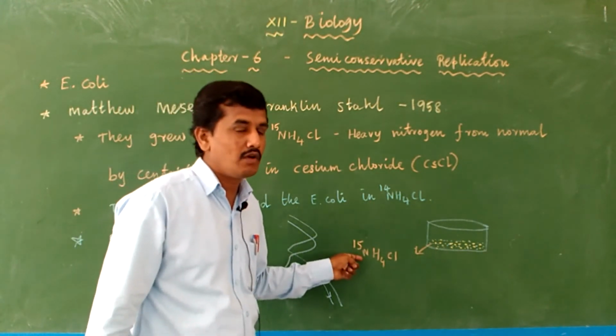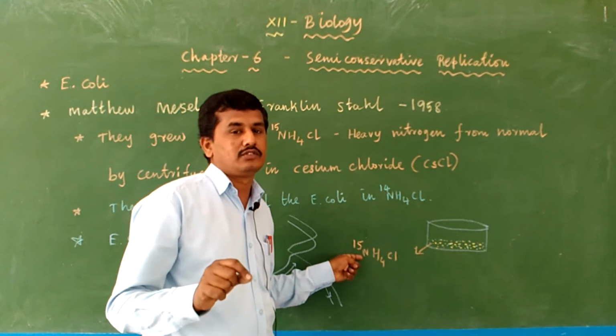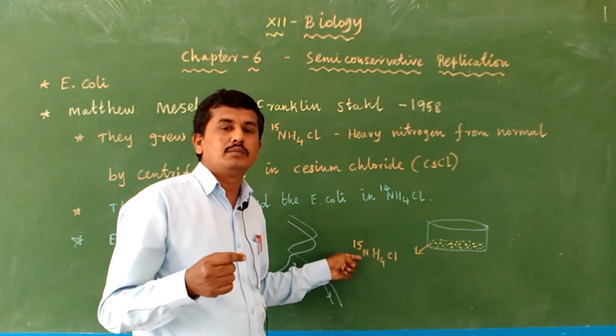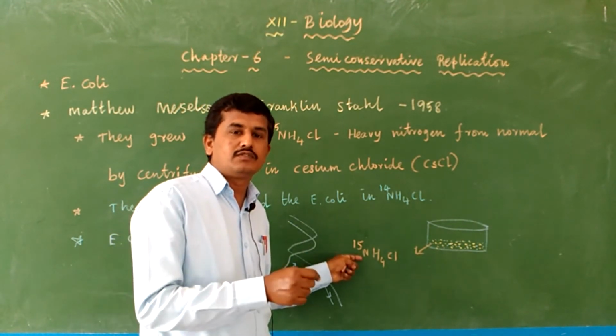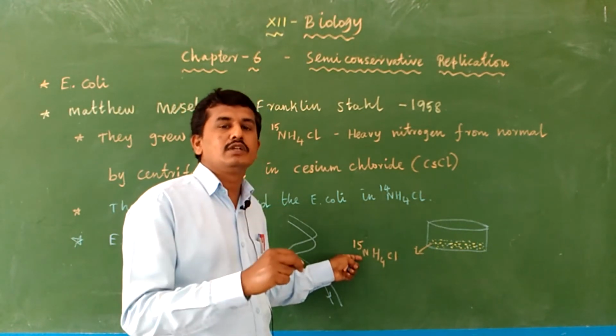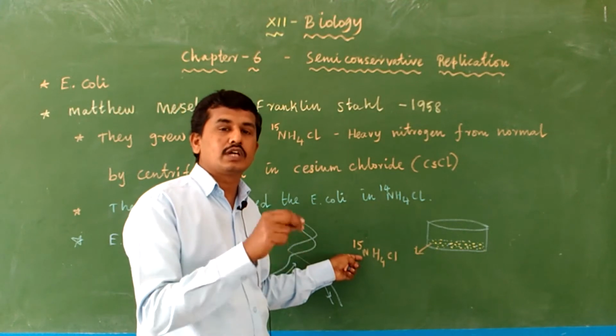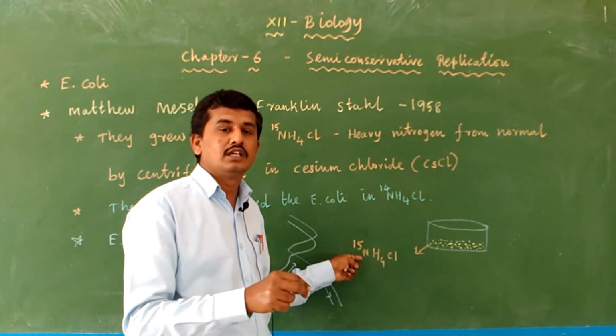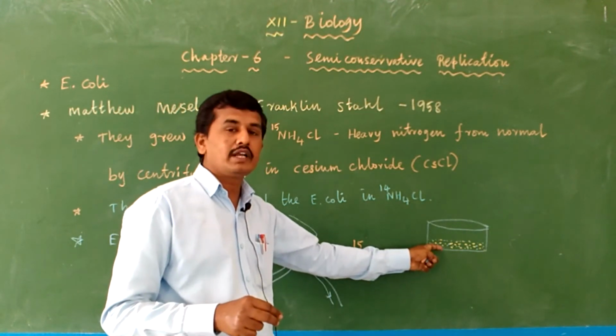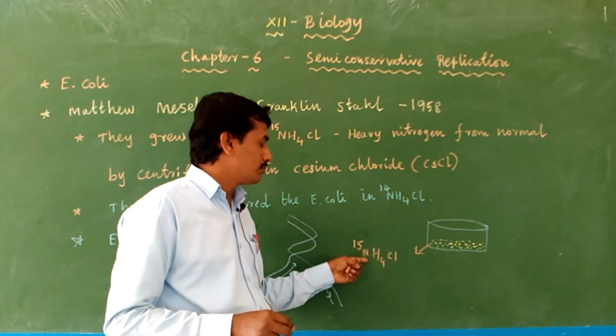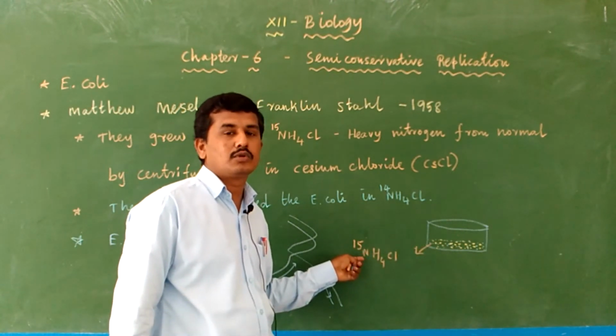Normally we know DNA contains nitrogen bases. How is the DNA formed? It absorbs the nutrition from the surroundings, and from the nutrients it forms the DNA. So in the bacterium, what type of nitrogen does the DNA contain? Because in the environment in the petri dish, only N15 ammonium chloride is present.